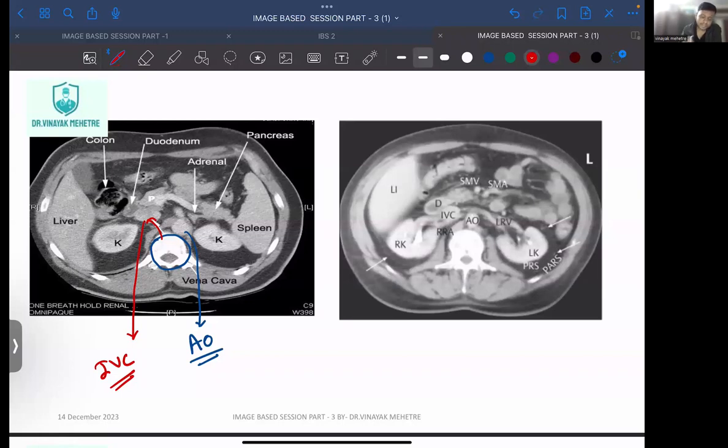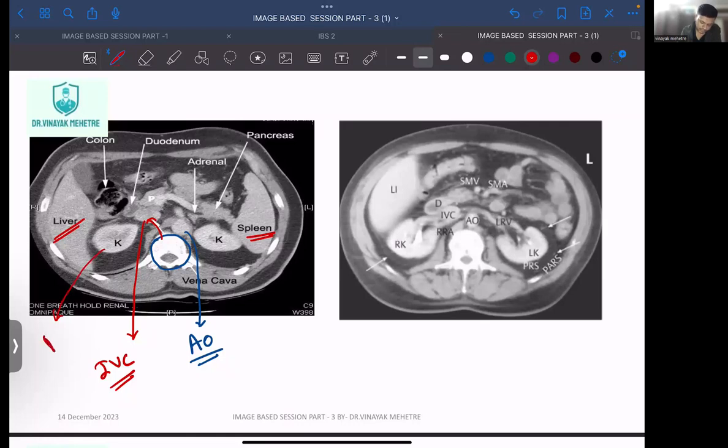So whenever you get an image, what should you understand? Everything is reversed. Where is the liver in your body? It is on the right side, right? But in the image it will be on the left side. Opposite to the liver on our left is the spleen, right? So which kidney is this?